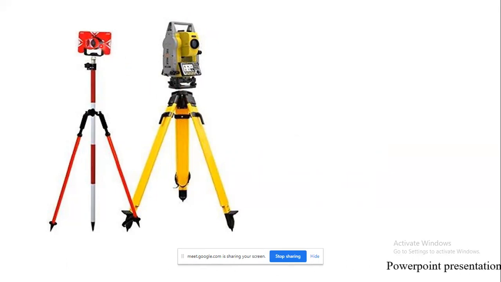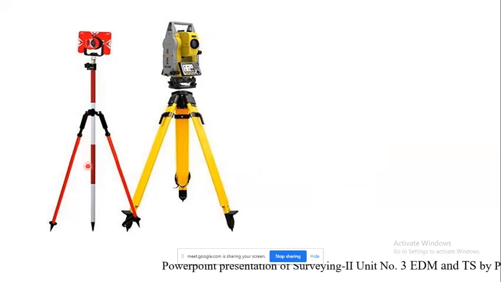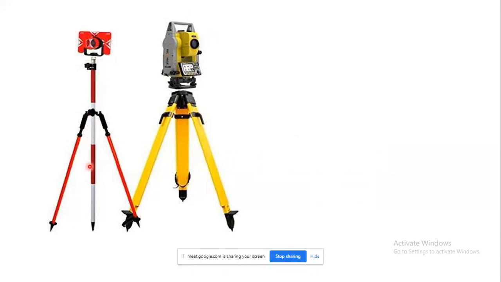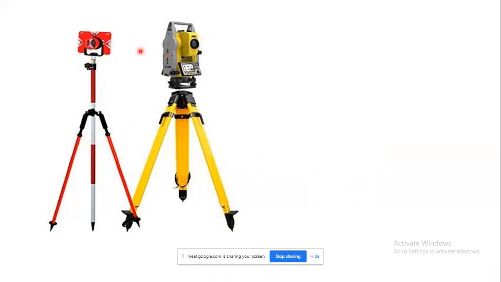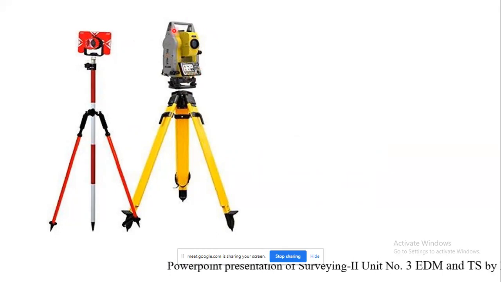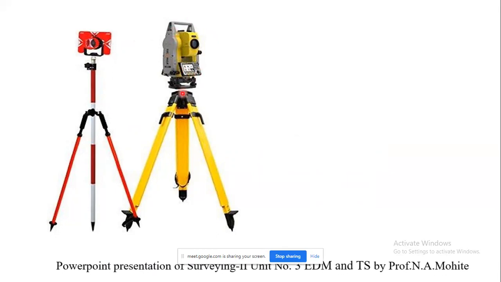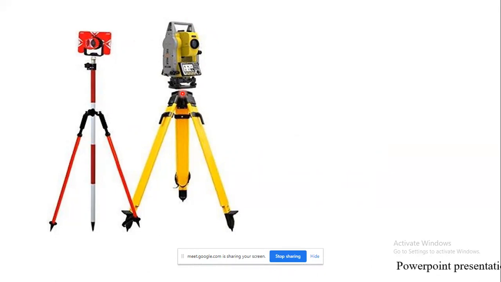This is the prism, which has been mounted over a circular pole, which has a variable length. A bubble tube is provided here so that the bubble remains at the center and you can perfectly bisect the center of the prism from the total station. We'll see one by one. So this is the total station. Depending upon the make or manufacturer, the size and the design vary.